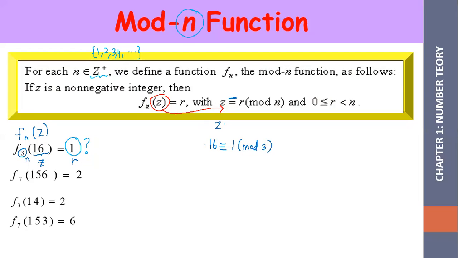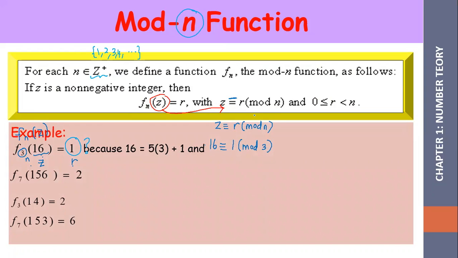Why? Because z is congruent to r mod n. Can you see here? z is 16, r is 1, n is 3. So 16 is congruent to 1 mod 3.